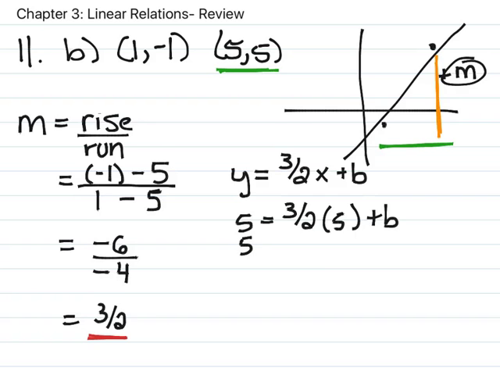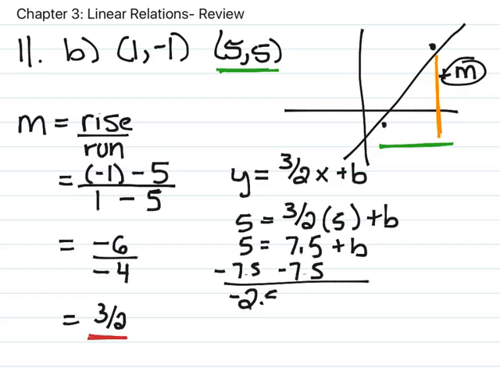So 5 is going to be equal to 7.5 plus b. Subtract 7.5 from either side, leaving us with negative 2.5 is equal to b, since those go to 0, plus b. So negative 2.5 is equal to b.